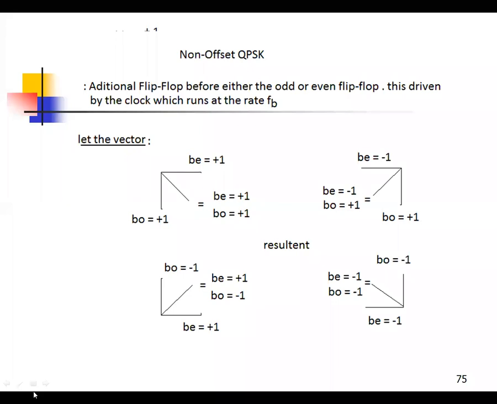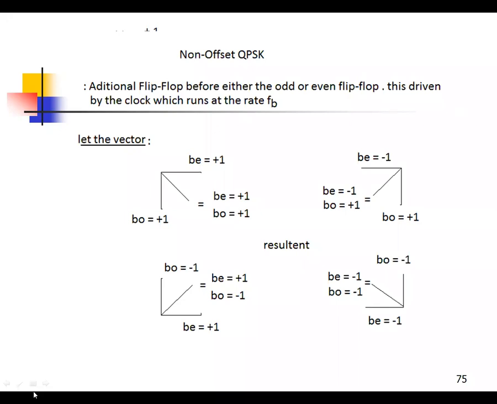You can use any one. What happens if you use that? The individual bits are delayed again, so a 90 degrees phase difference takes place.